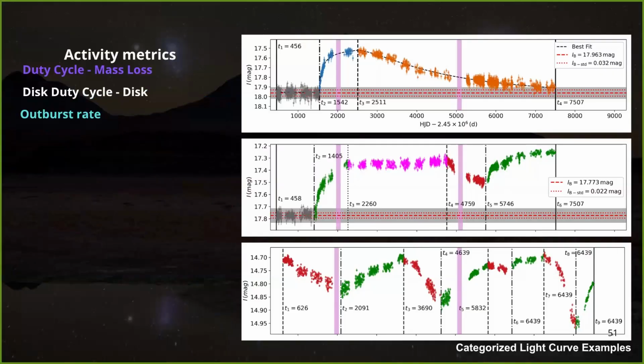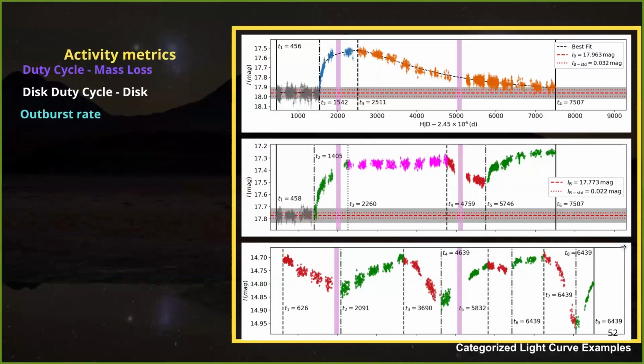So based on those activity metrics, we can measure these 3 parameters for all light curves in our sample. But for a few particular behaviors, we can extract more information.